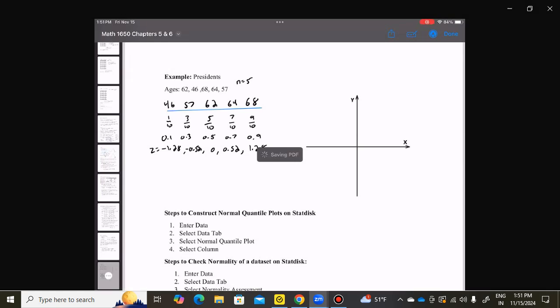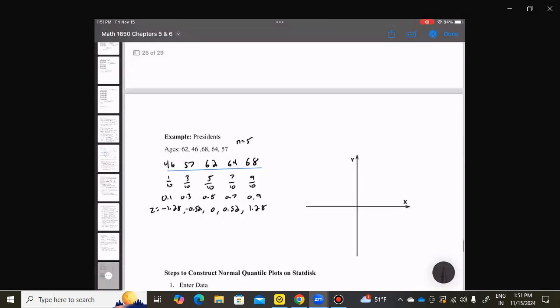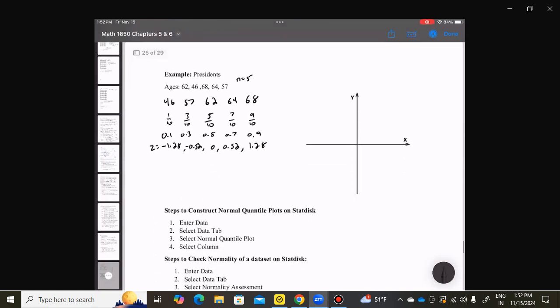Okay. Now we're going to plot. Let me write this in. Plot x, y, where x is our sample values, and y is the z-score. That means we have to plot anywhere from negative 1.28 to 1.28.